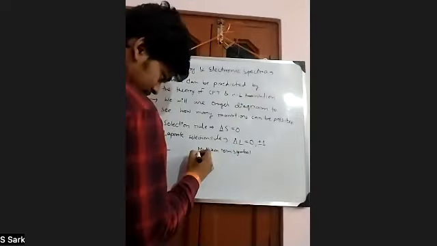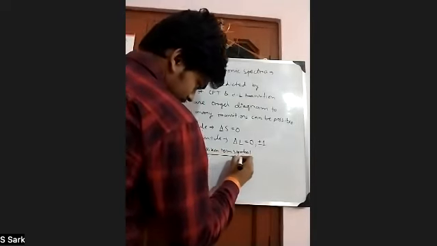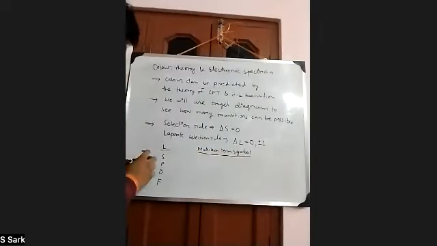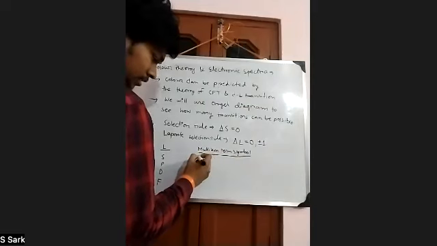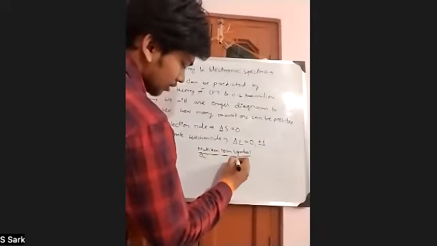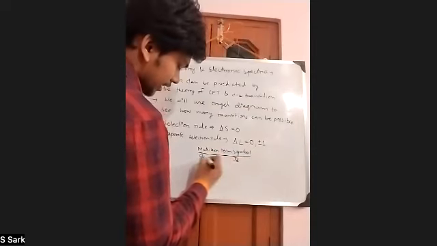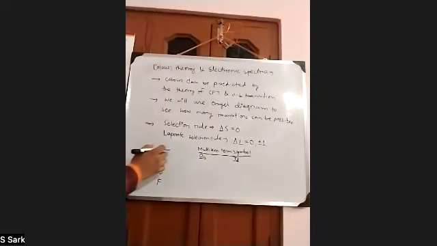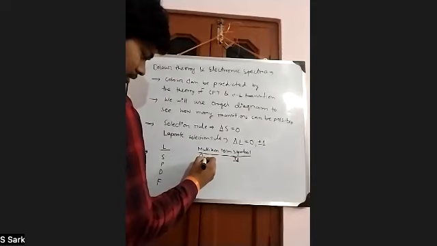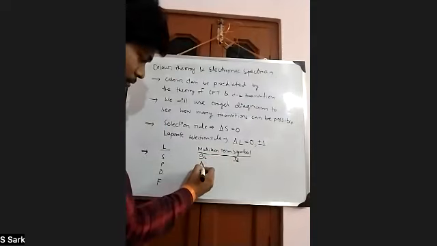So in case of S, for octahedral and tetrahedral, there will be term symbols. For S, it will be A1G, and for the tetrahedral, it will be A1.